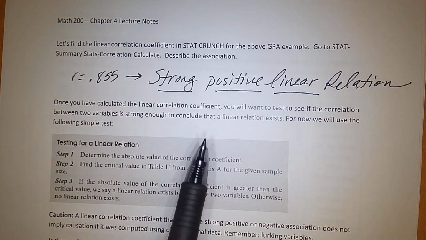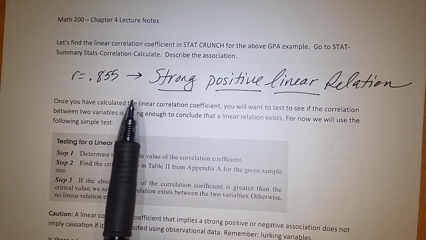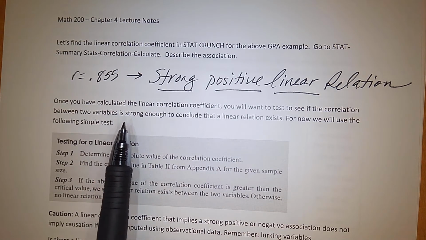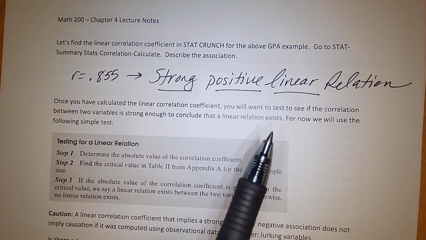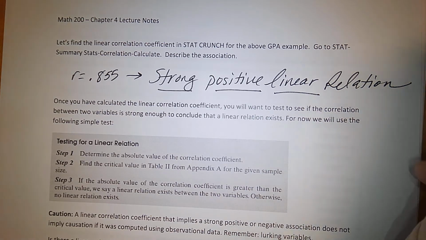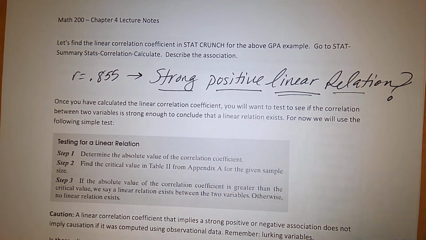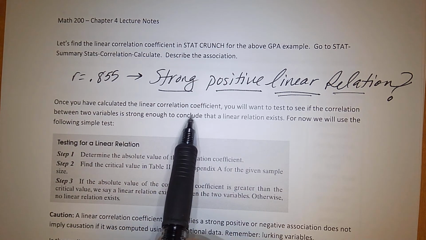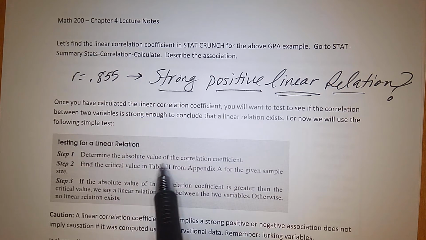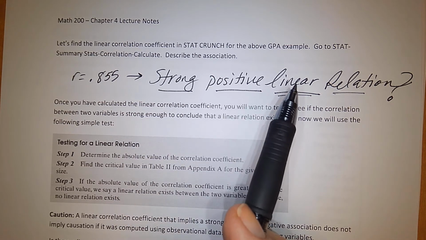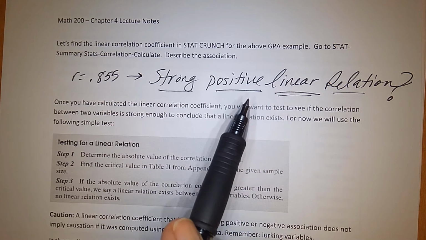Once you calculate the linear correlation coefficient, you want to test it to see if the correlation between those two variables is strong enough to conclude that a linear relation exists. Until we determine that, I can't state that there is a linear relation. That depends on whether I had enough points in my sample.